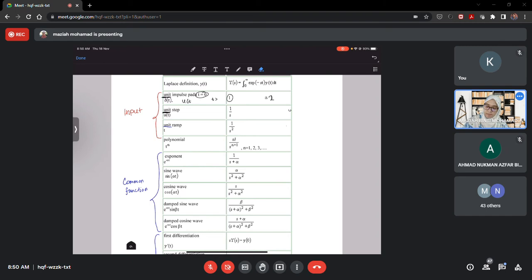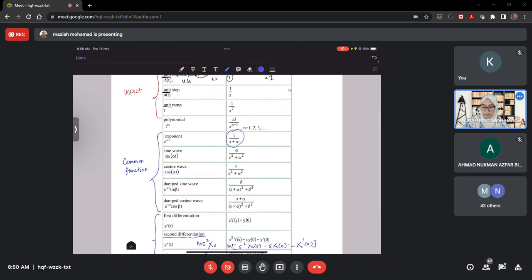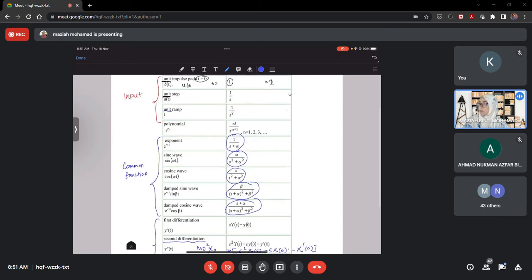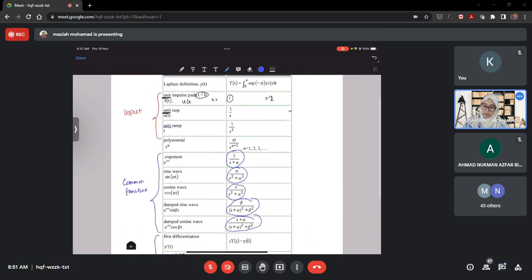Is it exponent 1 over s plus alpha? No, we don't have that. Is our function similar to this one? Is it this one? Our function, let me say it.